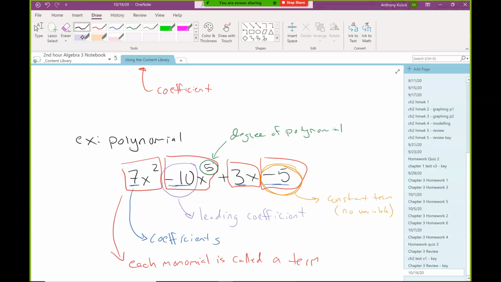So the leading coefficient is the coefficient on the term with the biggest degree. So it's not the biggest coefficient, it's the coefficient on the term with the biggest degree.